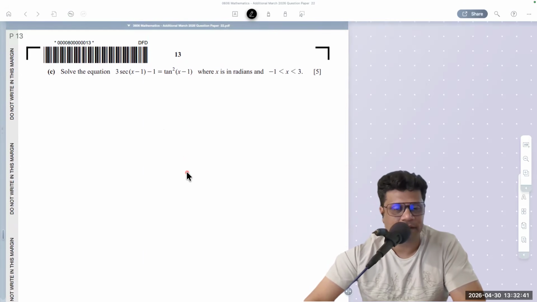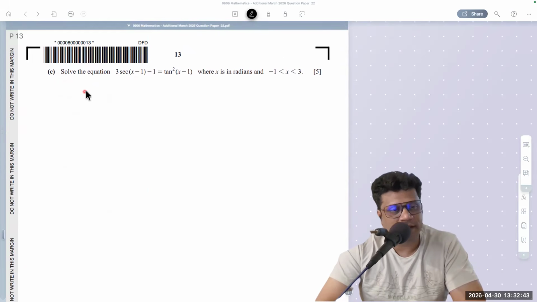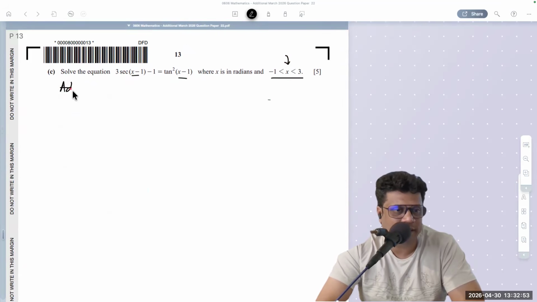Anyways, let's look at this one. Part C, solve this. Okay. Well, x minus 1 is what I see, and the domain of x is given. Well, the first thing I do is adjust the domain.